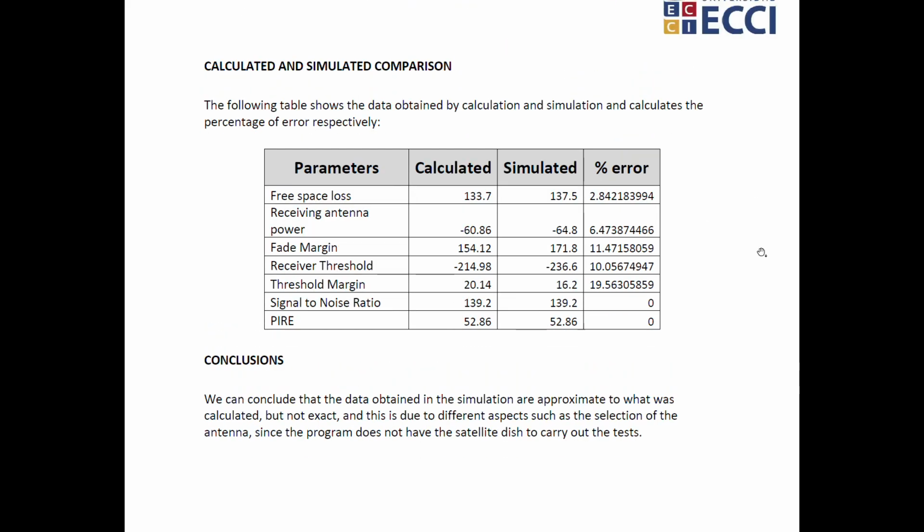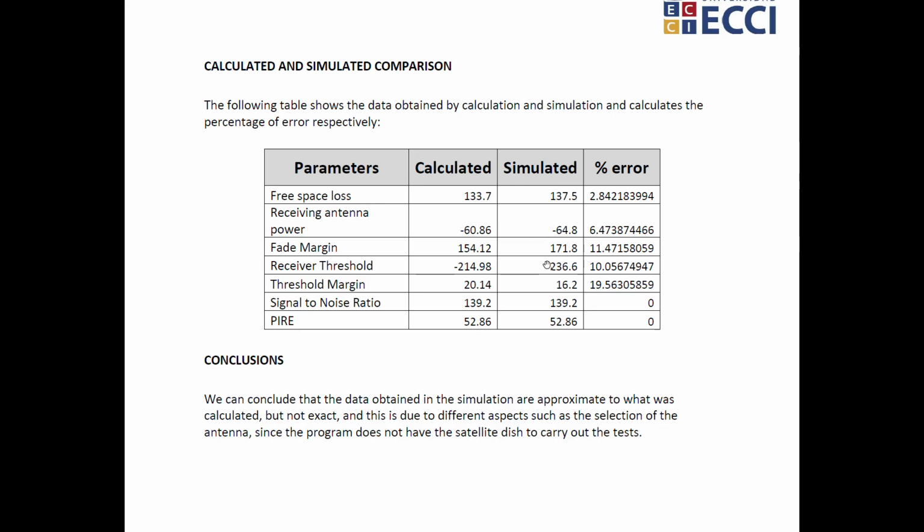In the final part of this document, we have the comparison between the calculated and the simulated. So we have a percentage of error of 2.8% for free-space loss, 6.4% for receiving antenna power, 11.4% for fade margin.